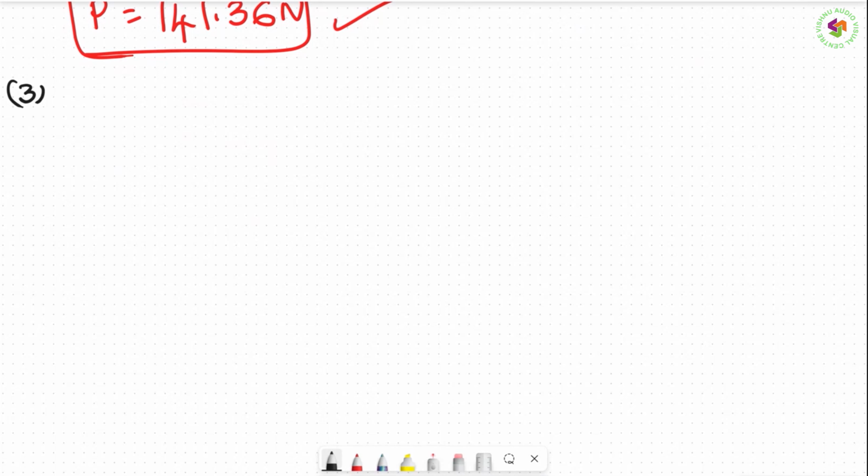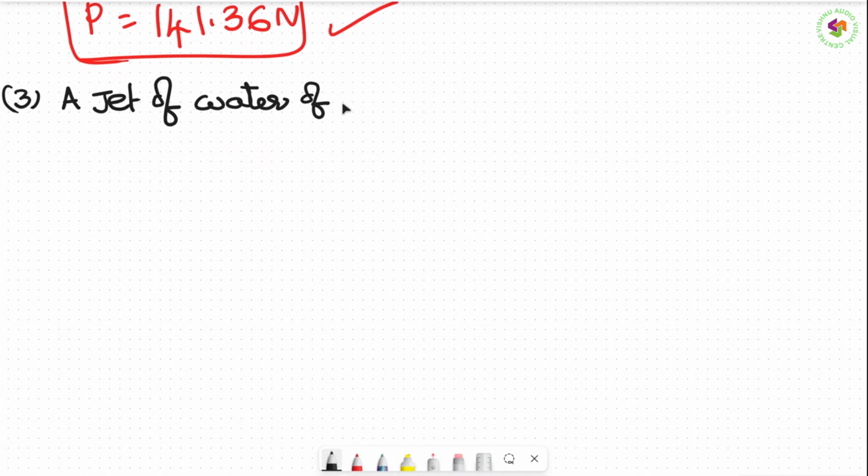So the problem is like this. A jet of water, 25 mm. While writing the problem itself, please try to understand the data of diameter, because all the data will be there only, nothing to worry. So the moment you see this, you need to calculate the area.